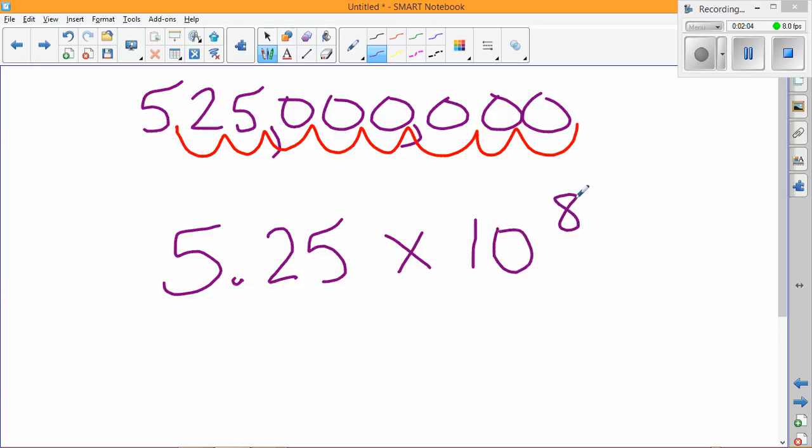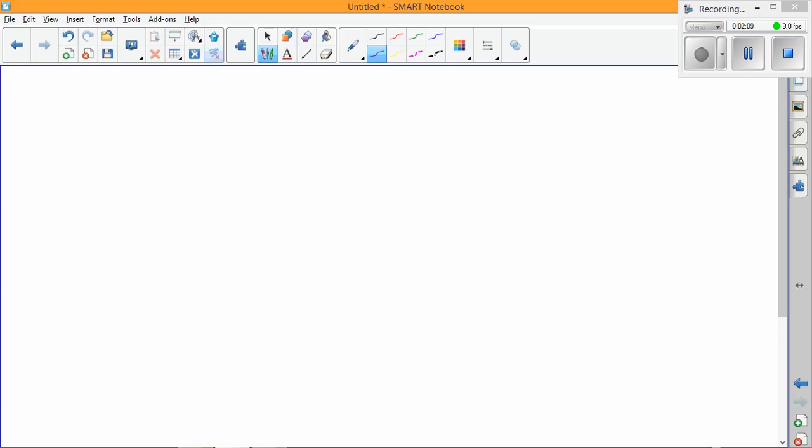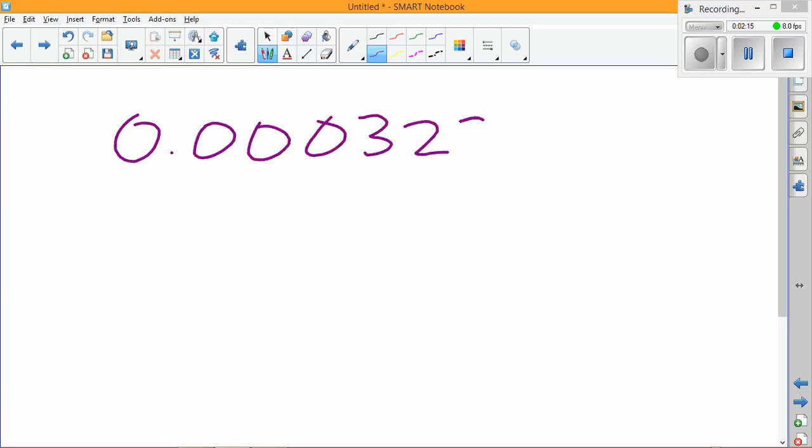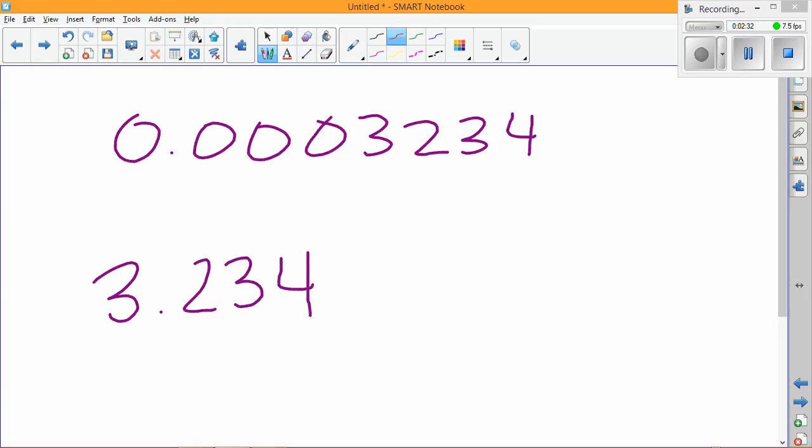And this is useful to denote really big or really small numbers. So let's practice a really small number. To denote the very small number, I take the numbers that are not 0, 3, 2, 3, 4, and I make it into a number that's between 1 and 10. And then, just like before, I put the decimal in.